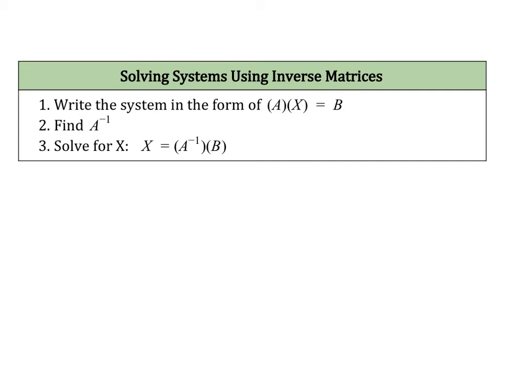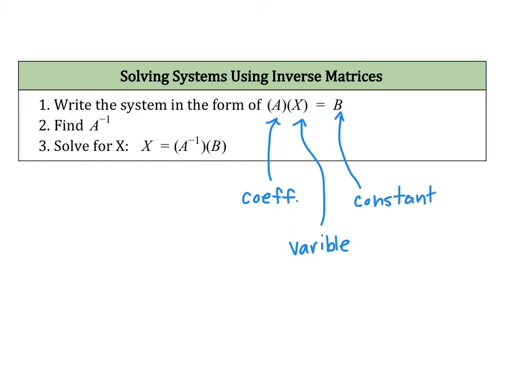We're going to do A times X equals B, where A is just a coefficient matrix, X is a matrix of the variables, and matrix B is going to be just the constants. So if we set up an equation like this, we know that we're trying to find the variables. So if we can isolate matrix X, well, then we can find what those values are.